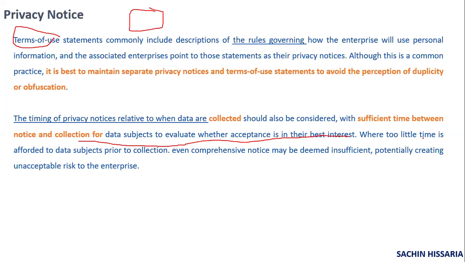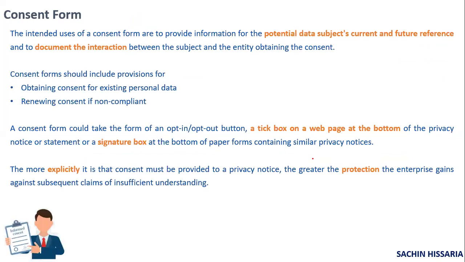If you give very little time to the data subject prior to collecting personal information, even though you have given a very comprehensive notice, it will be considered insufficient. I have documented a very detailed privacy notice, but I haven't given the data subject time to read it, then it will be deemed insufficient. So this is about the privacy notice, guys.